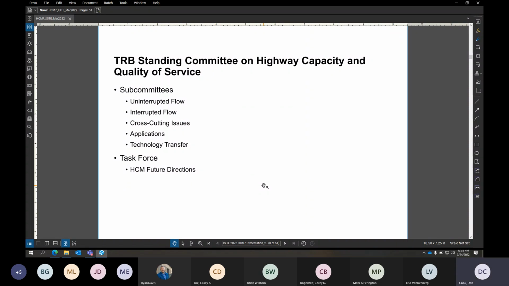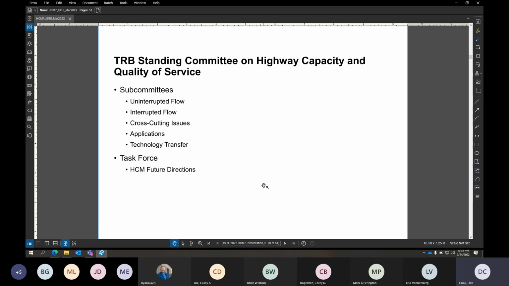And then last, I want to point out this task force. This just convened about 6 months ago. It's a special task force on HCM future directions, and I'm involved with that. Basically, our charge is to look at who the main users of the Highway Capacity Manual are. I think we can all recognize the fact that probably none of us actually pick up the Highway Capacity Manual and look at it.